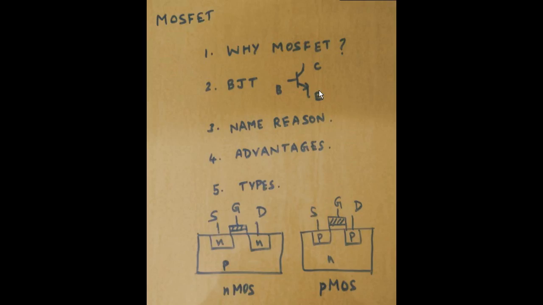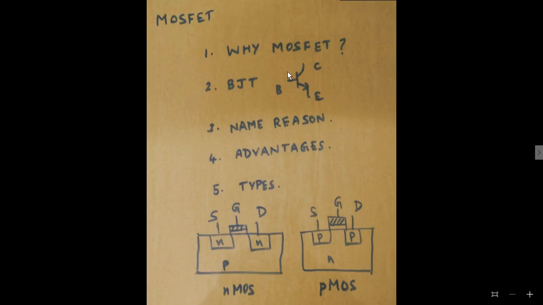So what created the problem in BJT which resulted in replacing BJTs by MOSFETs? There is one disadvantage in BJT. What happened was, when the number of transistors kept increasing in a chip, there came the problem of power.